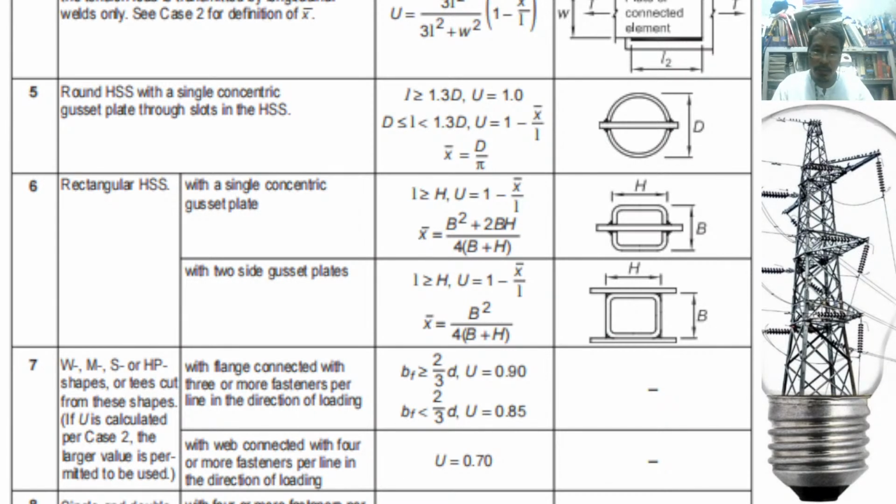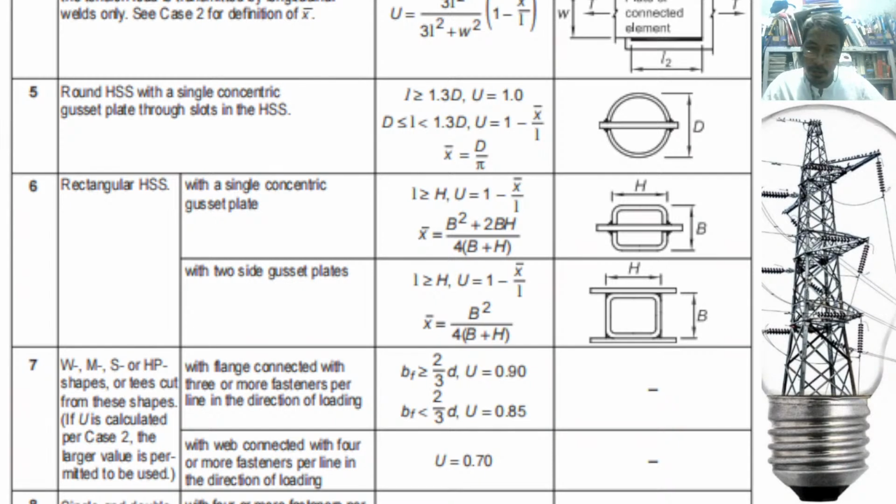Where did you find this expression? This is the expression, 2/3 D. So our flange must be compared to the expression 2/3 D. It could either be greater or less than.